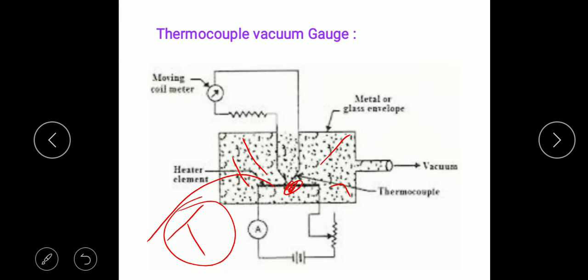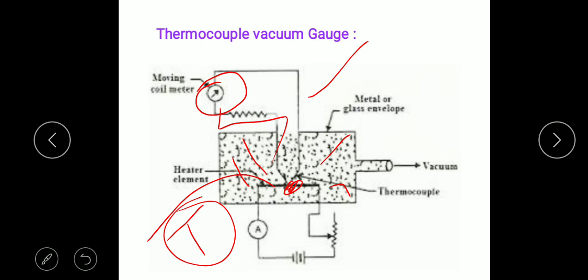That final temperature can be measured with the help of the thermocouple, which is connected to the heater element, because the main function of a thermocouple is to measure the temperature, and that final temperature will be indicated by the voltmeter connected to it, and on the basis of the voltage reading, we can calculate the pressure of the unknown gas.